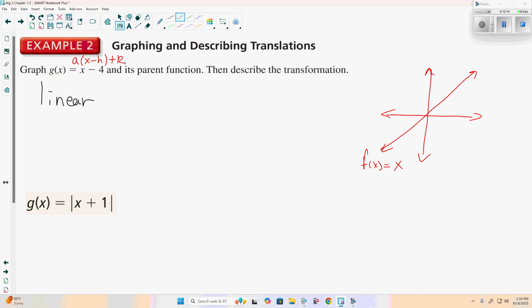So that 4 is actually connected to not h, but k, yes? K is telling us it's moving what direction? Up or down, yes? How far are we moving up or down? 4, yes? What do we think, up 4 or down 4? Down 4, because it is negative. So according to that picture, we're going to move every point on that graph how far? Down 4, yes?